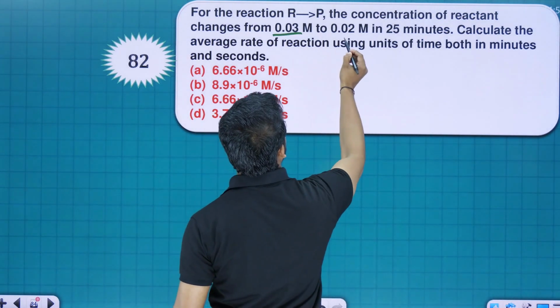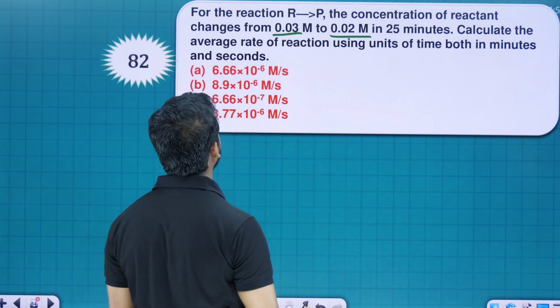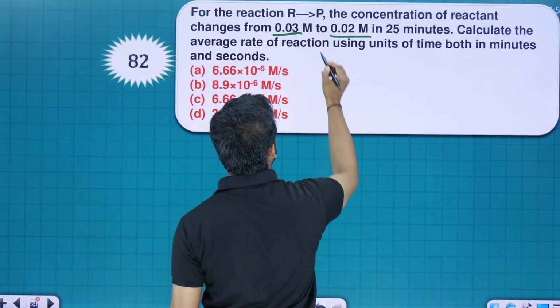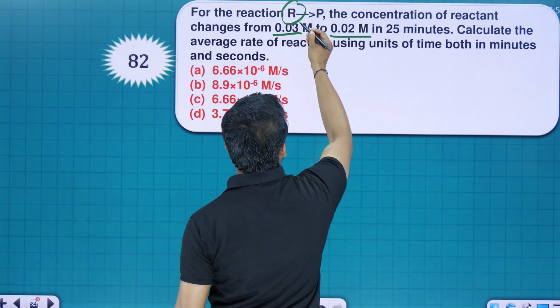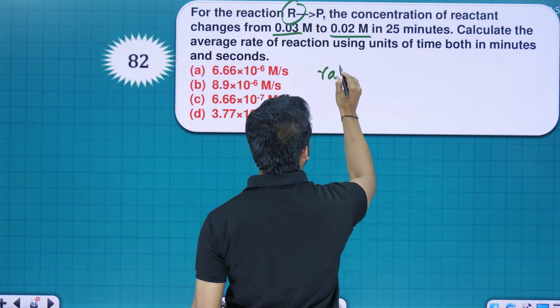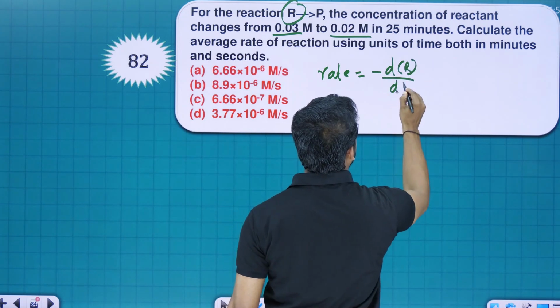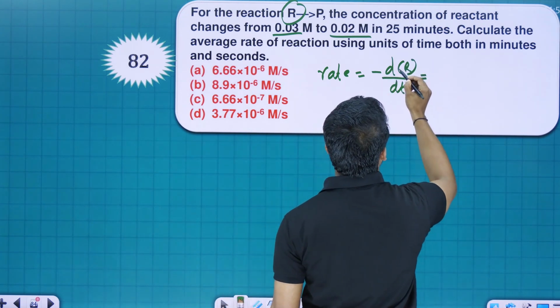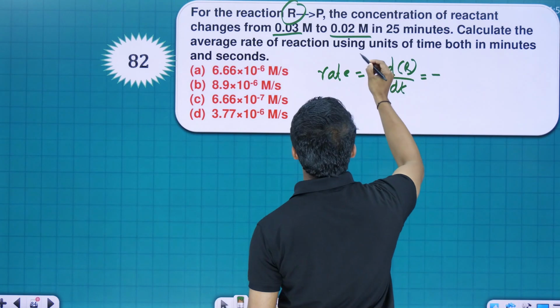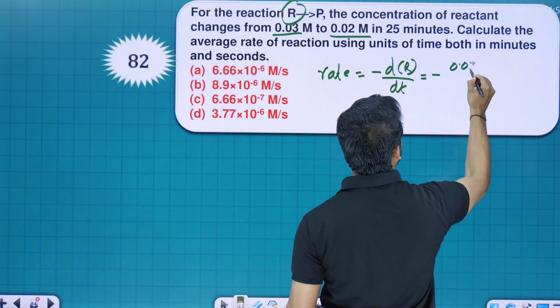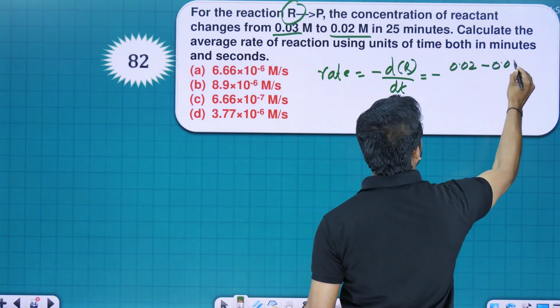For the reaction R gives P, the concentration of the reactant changes from 0.03 molar to 0.02 molar in 25 minutes. Calculate the average rate. Okay, R gives P, right? So in terms of R, how can we write the rate? Rate is equal to minus d[R] divided by dt, which is final concentration minus initial. What is final? 0.02, initial 0.03.